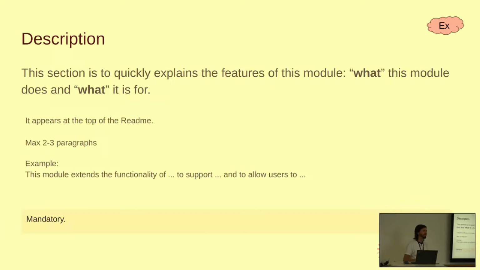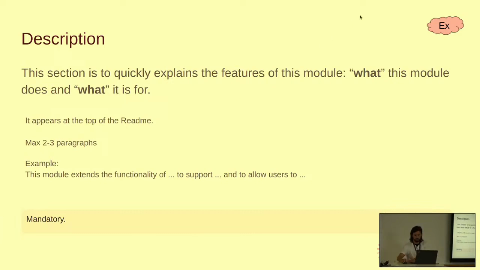This is the only one that is mandatory, and well, you have no choice. But you can see a lot of them that only have one sentence, and it's not enough. So the idea here is to explain what the module does, what it is for, and to invest some time in writing 2 or 3 paragraphs to be really explicit about it.